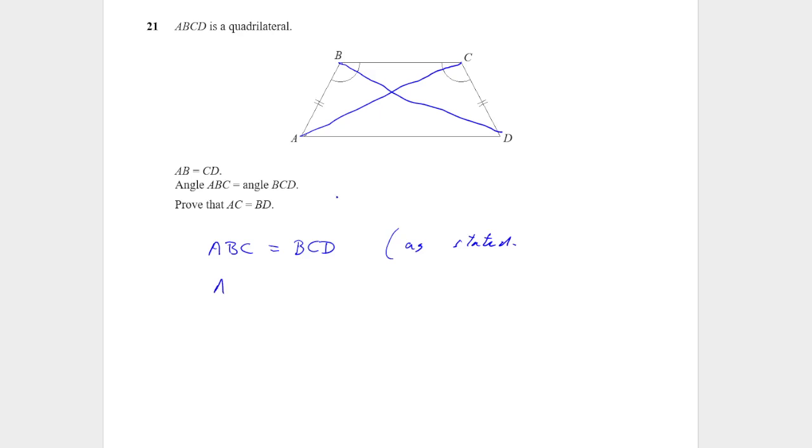And then I'm going to say that AB is equal to CD, as stated. And then BC is a common side. BC is equal to BC, common side.